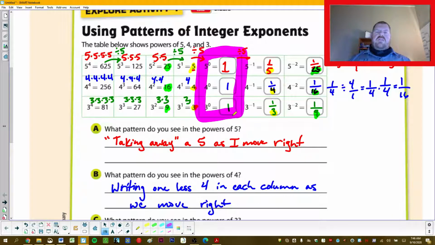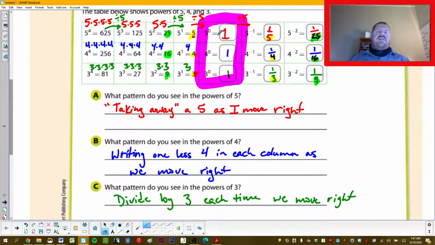And what did we get every single time? 5 to the 0 was 1, 4 to the 0 was 1, 3 to the 0 was 1. And in math, a lot of times we come up with rules by noticing patterns, and that's a pattern. Every time I raised something to the 0 power, or took away one of those numbers that we were multiplying by, I was left with a 1.